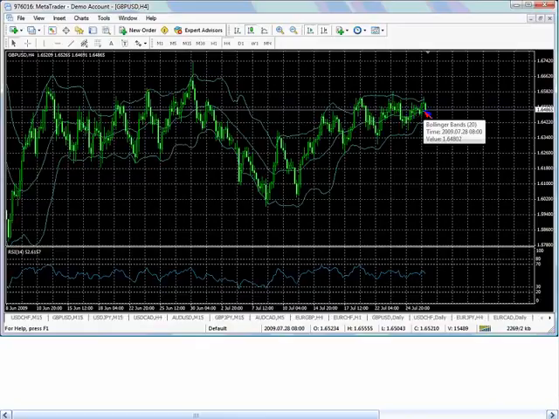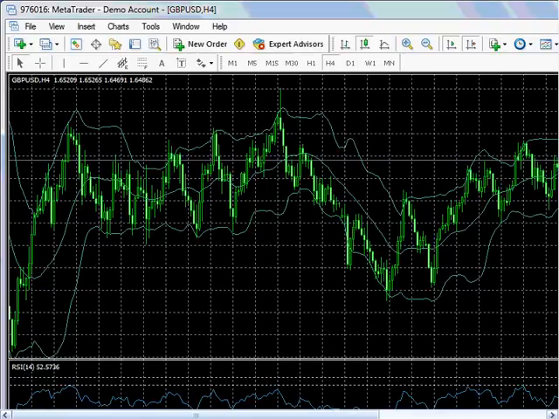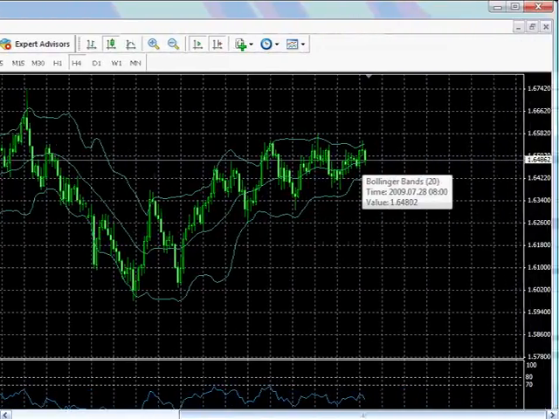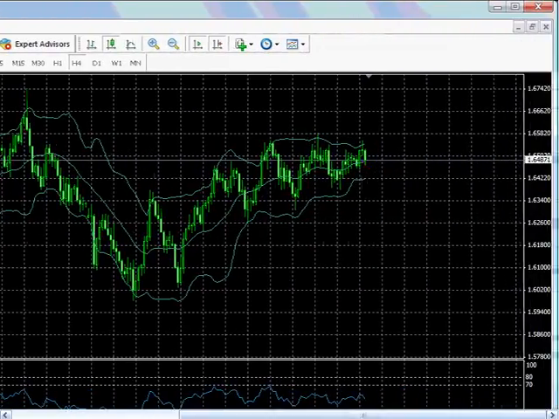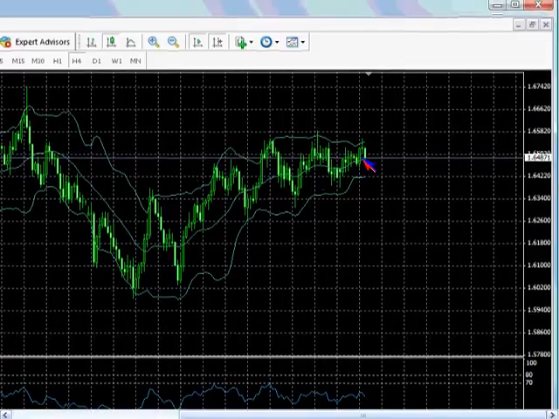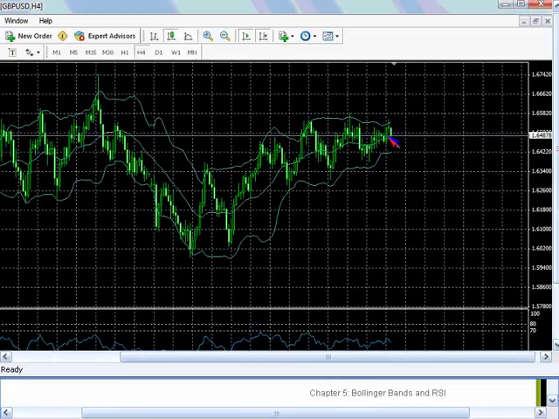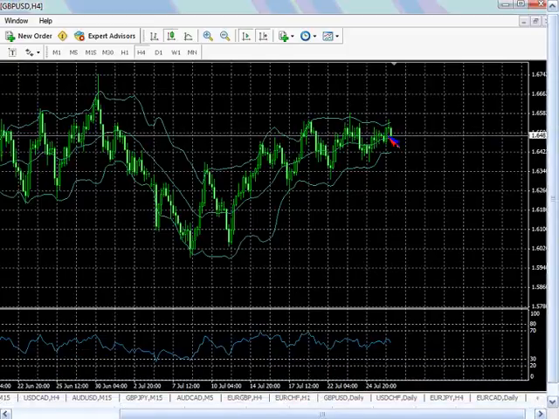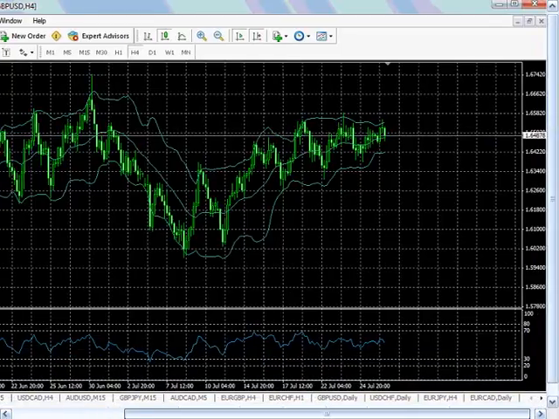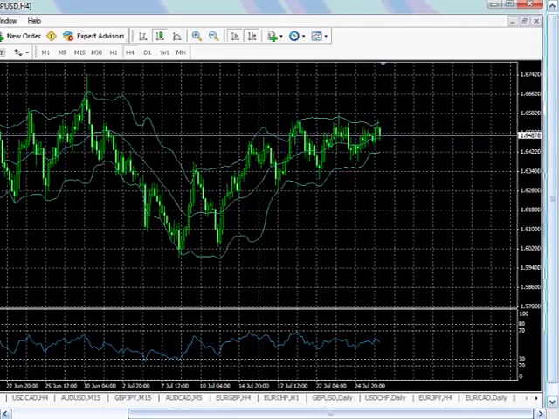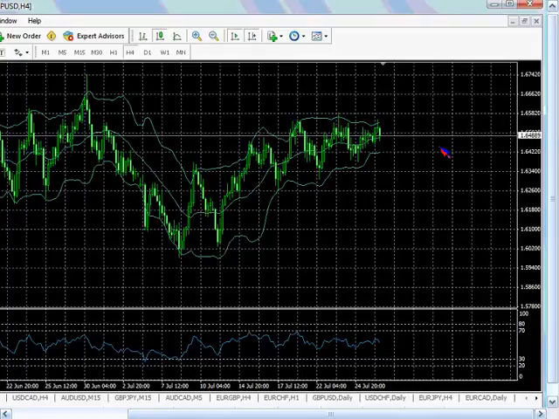We can use a 10-day moving average for short-term trading, 20 days for our charts or 1 hour, or even a 50-day simple moving average in the middle for longer-term trades, right? That's at least what Mr. Bollinger suggests. Anyway, to this moving average, Mr. Bollinger adds a standard deviation of 2, okay?